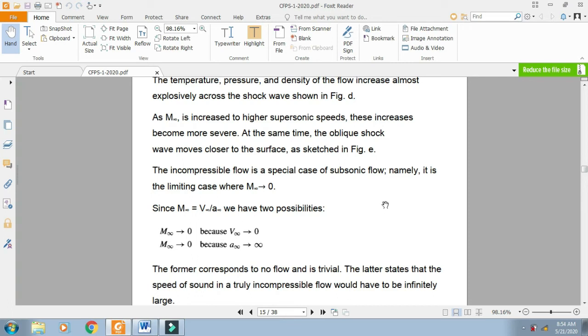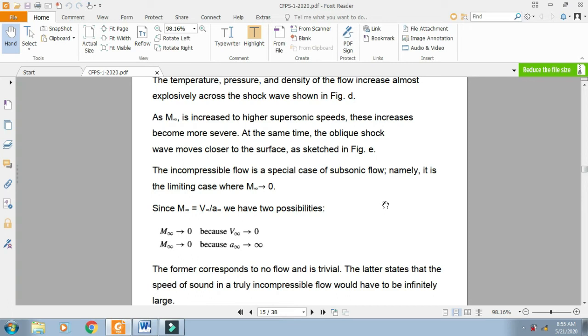In the next classes, we will discuss its criteria, that when Mach number infinity is less than 0.3, that is termed as incompressible flow. It is considered as an incompressible flow. But for the perfect case, M infinity approaches 0 for the incompressible flow.